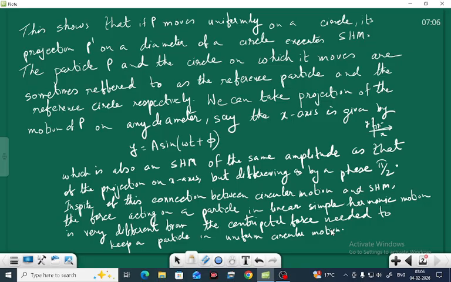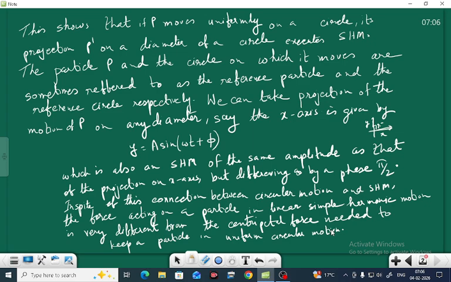And what we find is the equation for simple harmonic motion, x equal to a cos(omega t plus phi) in the x direction, and on the y diameter, y equal to a sin(omega t plus phi). So we got this equation, right?